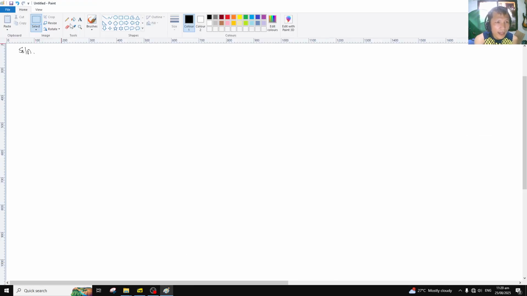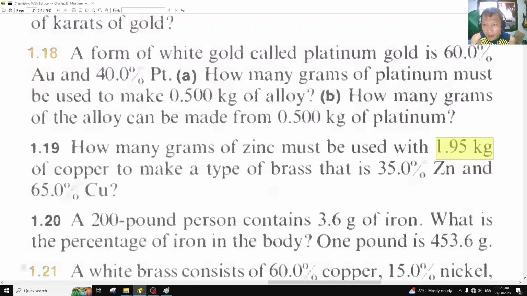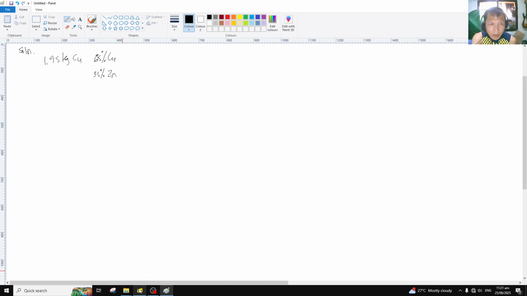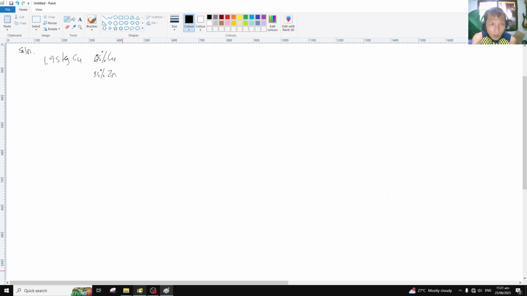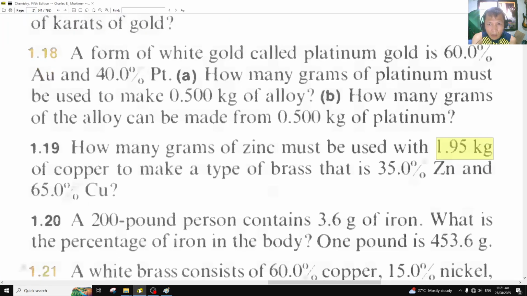Given is 1.95 kilograms of copper, and the alloy is 65% copper and 35% zinc. So 35% zinc, 65% copper, and copper is given as 1.95 kilograms.